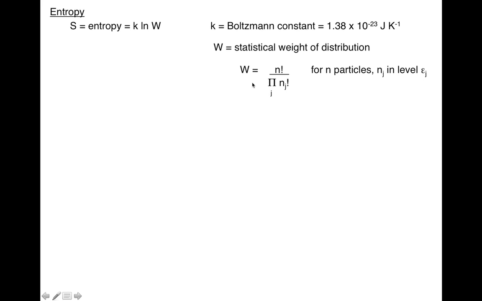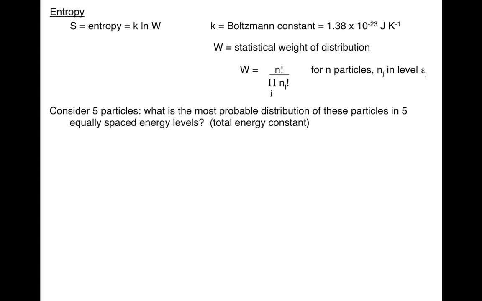That weight is given, if you have n particles, each of which has a particular energy level, so the jth particle has an energy level J, by the formula n factorial divided by the product over all of the energy levels of the number of particles in a given energy level, factorial.